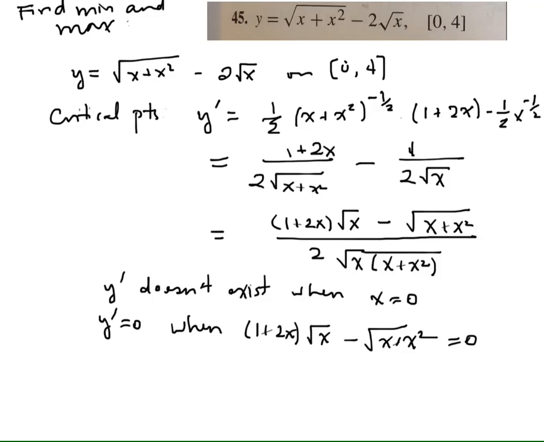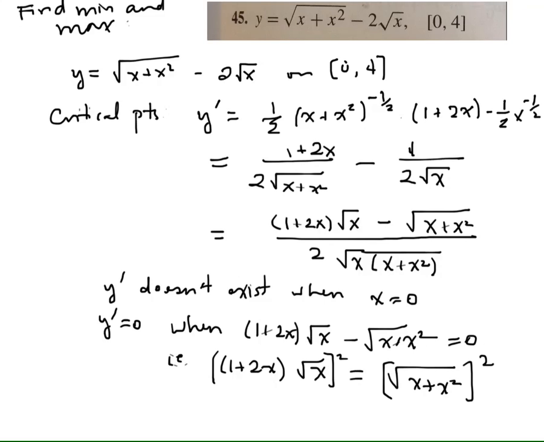So I think what I want to do is I'll say 1 plus 2x times the square root of x should be equal to the square root of x plus x squared. And now I'll just square both sides and say, okay, 1 plus 2x squared times x is equal to x squared plus x.